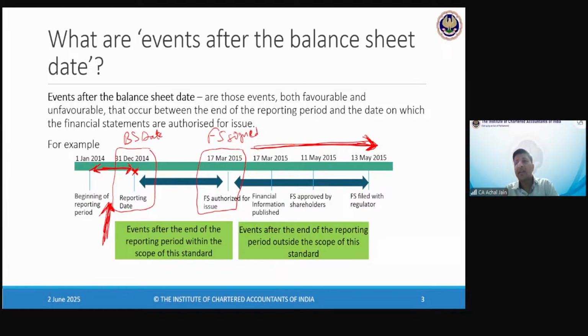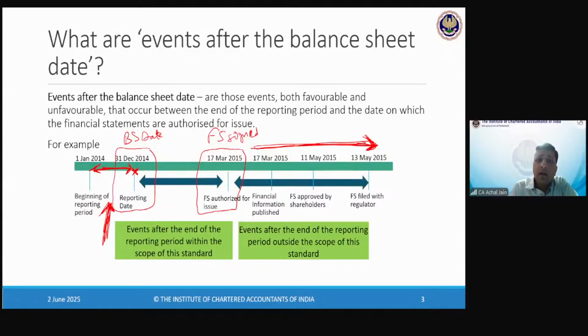Clear? That's the reporting year we are looking at. Okay. Now, in relation to this reporting year, we are now looking at any event, okay, which will take place after 31st December 14.